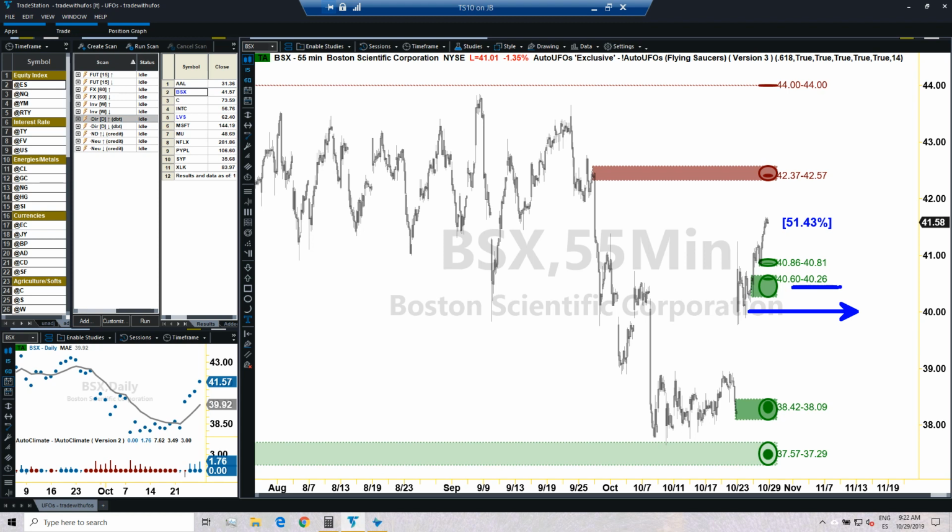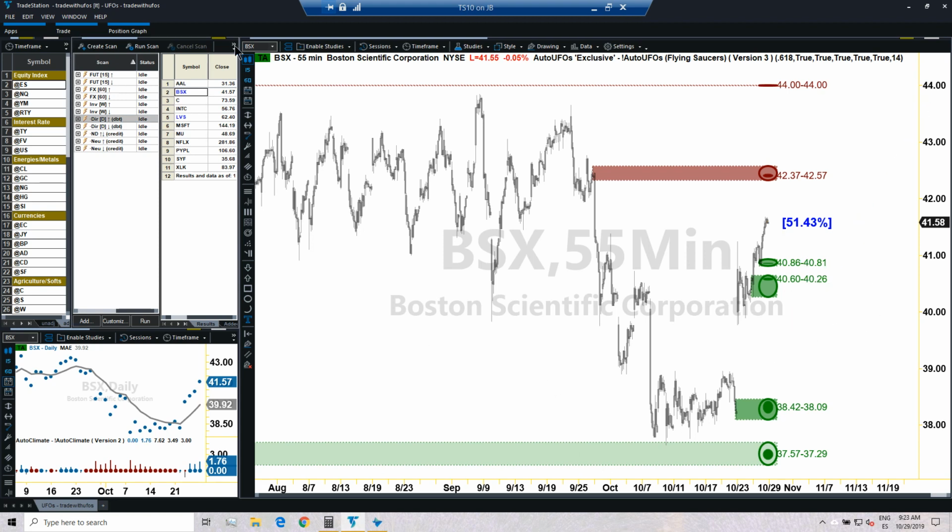So that means that probably today BSX is not going to be a good candidate, but maybe tomorrow, yes, because I would anticipate the average to be a little higher today, maybe 40, 40.2, since the prior candle was an up candle. We may have a little bit of effect of that average moving up. And if this stock was to go down today, then tomorrow that average may be around 40.6 or so, and then you would be allowed to take the trade around this price and ride it back up.